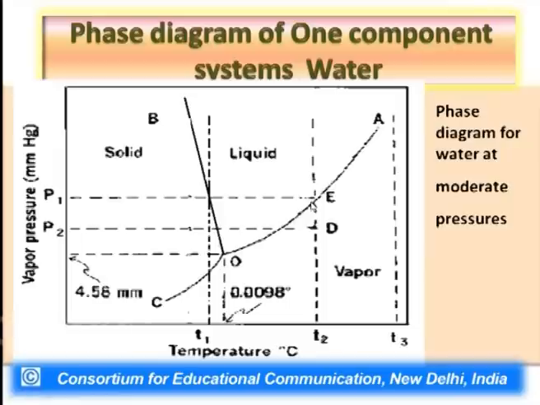Now, if we change the value of pressure from P1 at point E to P2, then what will the system try to do? It is important to note that the volume of the system is kept constant. Now, what will the system try to do?